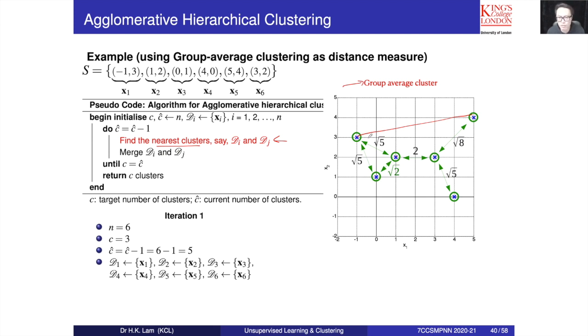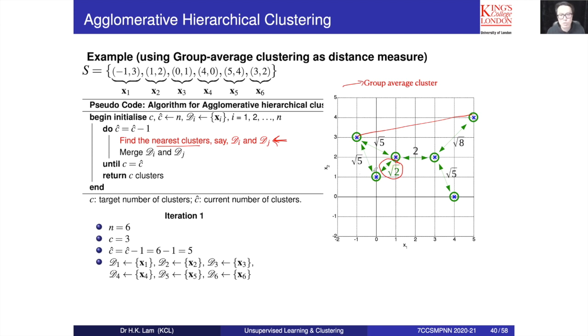This is sufficient because the adjacent distance should be shorter than the non-adjacent cluster distance, but anyway, we can find the distance of all the combinations between clusters. Now we pick the one which gives us the nearest distance, and we find that this is the nearest distance.